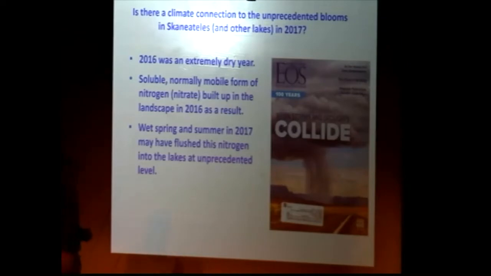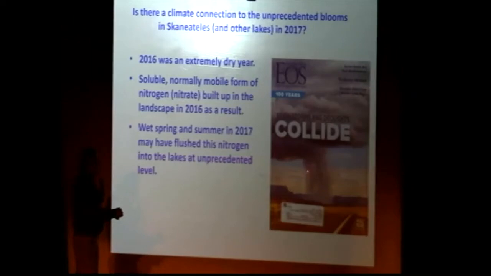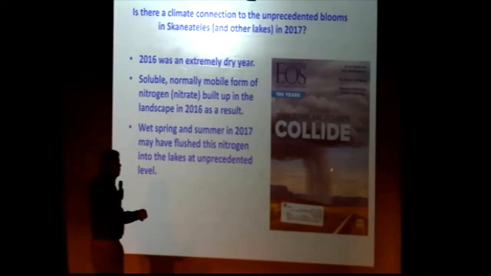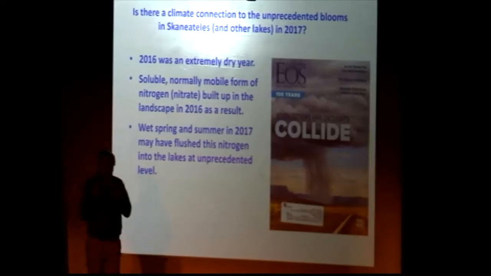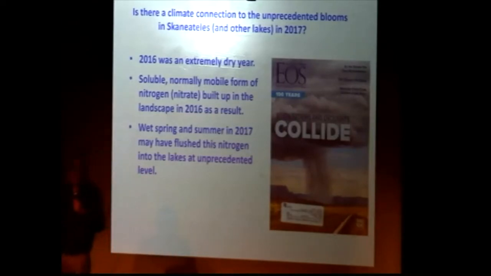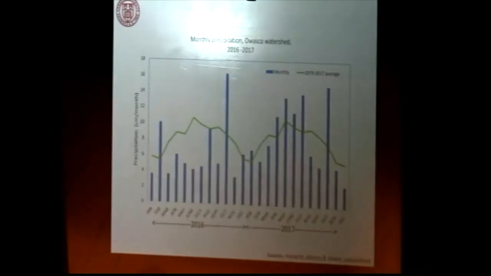There's a growing interest in the scientific community. So this is the latest newsletter of the American Geophysical Union, EOS, and there's a whole article on what happens when we have droughts for long periods of time followed by unusual storm events or wet periods. We had that in the Finger Lakes, and I think it might have been the triggering event for the blooms in Skaneateles.